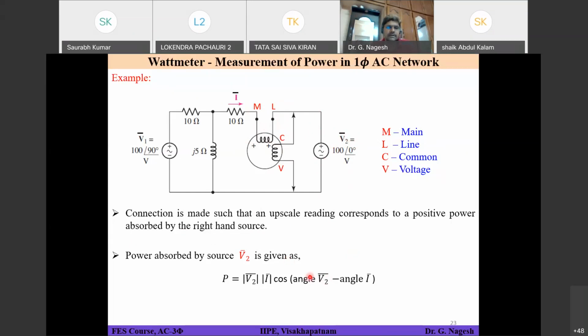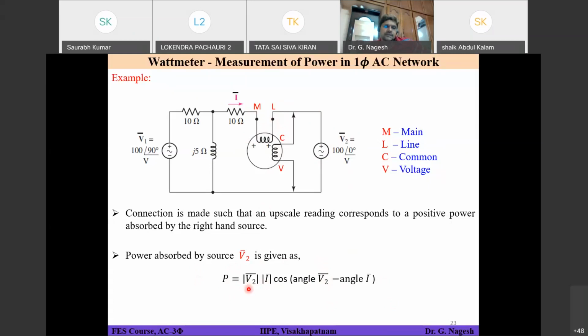So what is the basic formula for power? V2 RMS into I RMS into cos of angle of V2 minus angle of I. So this is the basic formula, and accordingly it will show you the deflection.